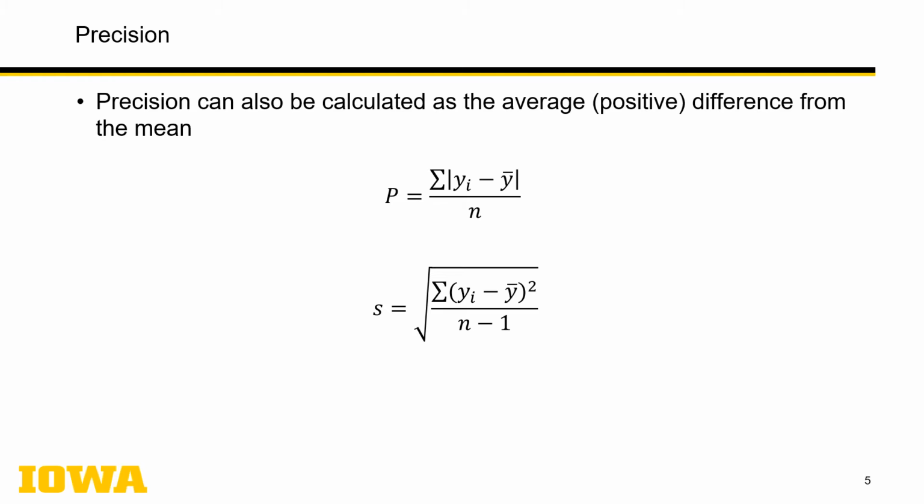And because of the inherent bias of that estimate relative to the true standard deviation sigma, as we know, you have to divide through by n minus 1 and take the square root of the whole thing. So this definition of precision is not relative to the mean. It is an indication of the overall spread of the values.